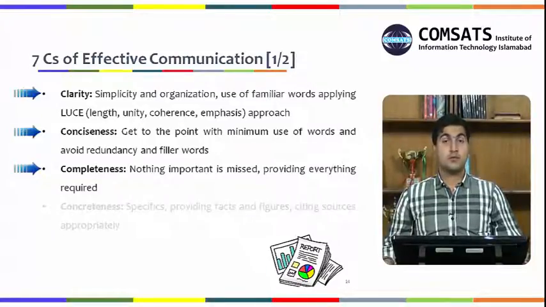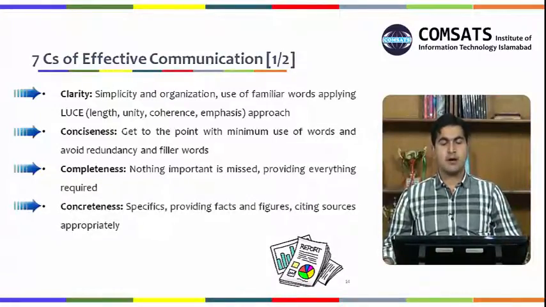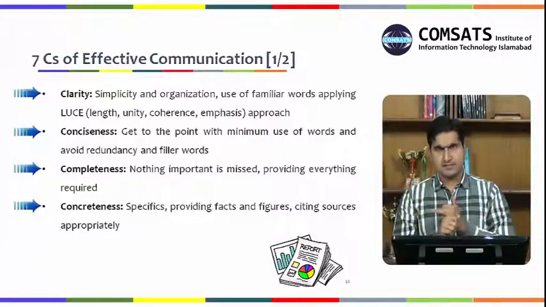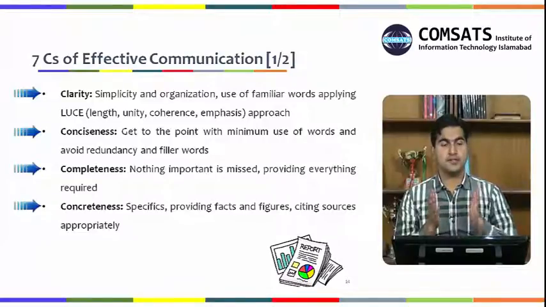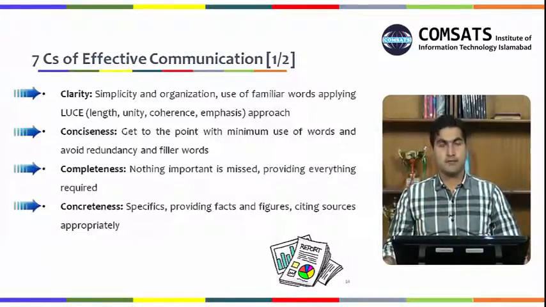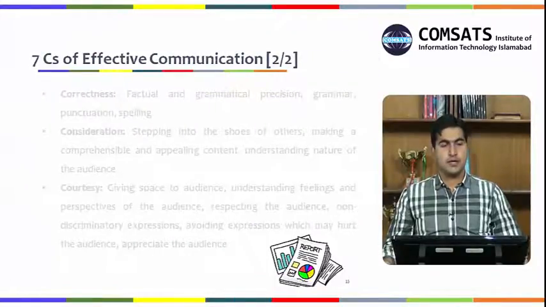Everything which is required is there. That's how you make a document more complete. Concreteness demands that you provide all the specifics, all the facts, all the figures, and cite all the sources appropriately. That means you're making your content more concrete by coming up with all the citations.